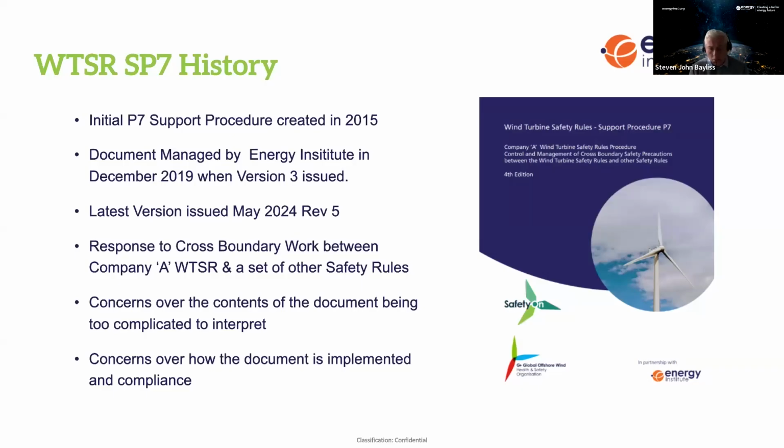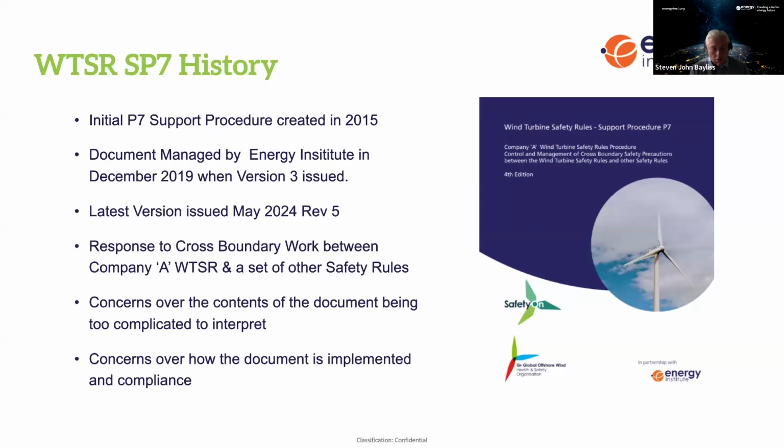The initial document, when you look at the change log, was created in 2015. That document then had a couple of changes over the years, primarily in probably 2019. At that time, we moved over from RUK to Safety On.